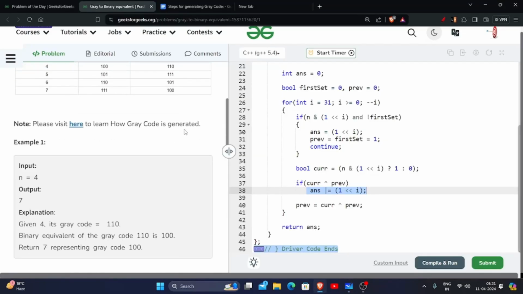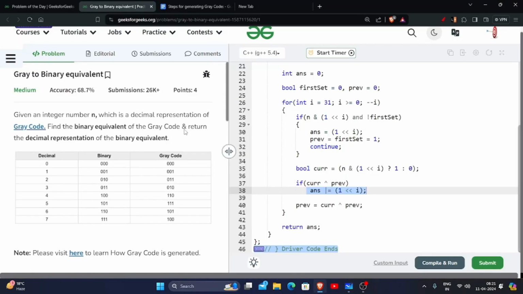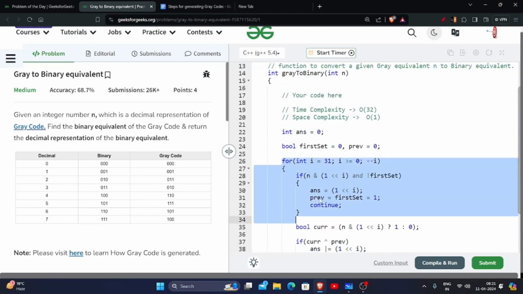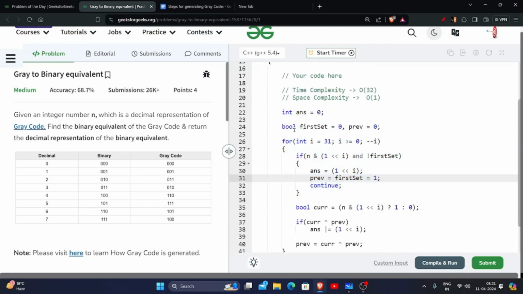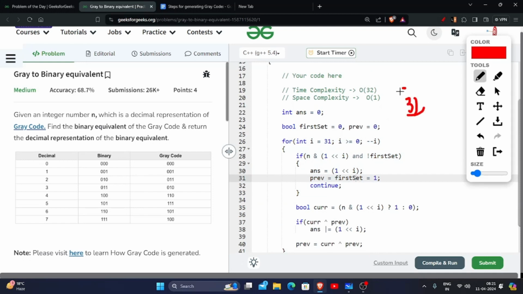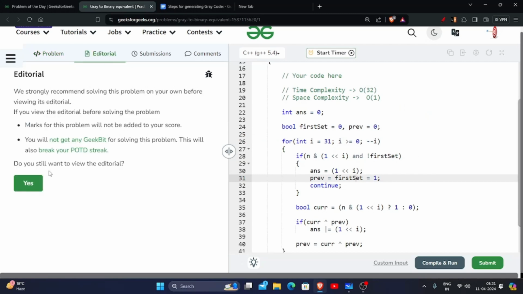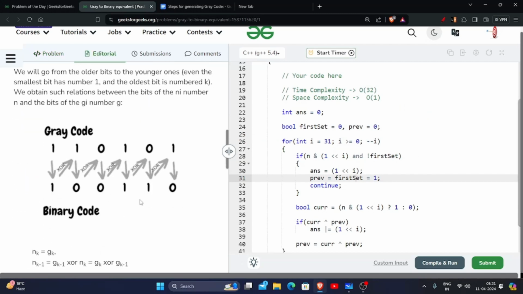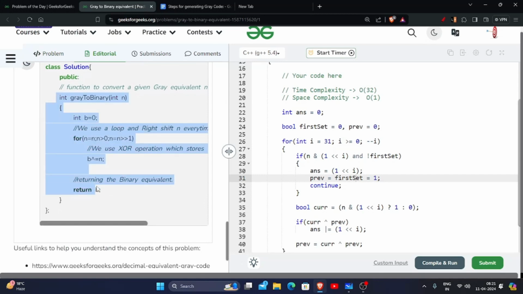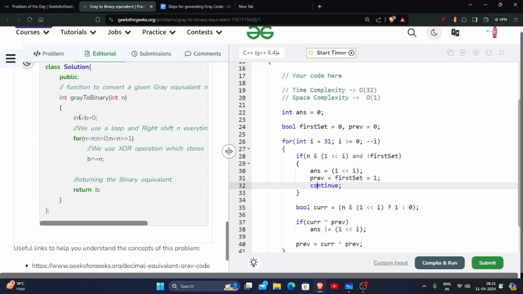So that's all about the code. I hope you are able to understand the intuition of why I came up with this approach, because this is easier to visualize, that we are fixing bits from 31 to 0. This is more intuitive than dividing by 2, because after doing the code, I also saw what code GFG came up with. It is actually doing the same thing, but it is not very intuitive, and it is hard to visualize how they are doing it.